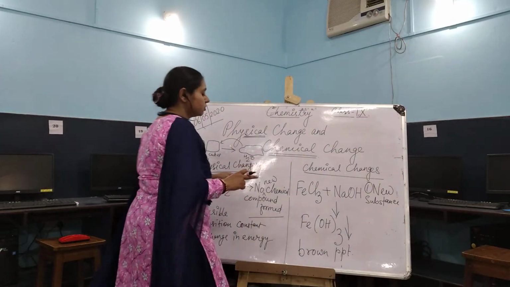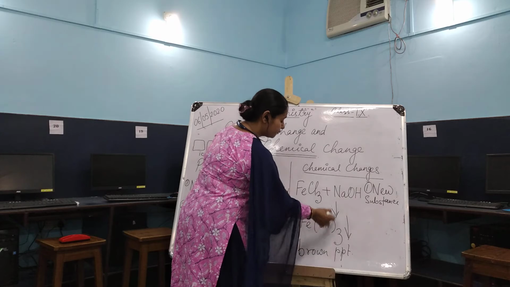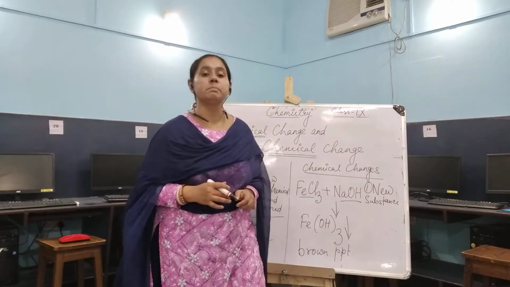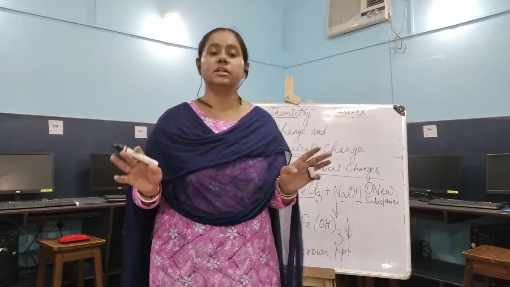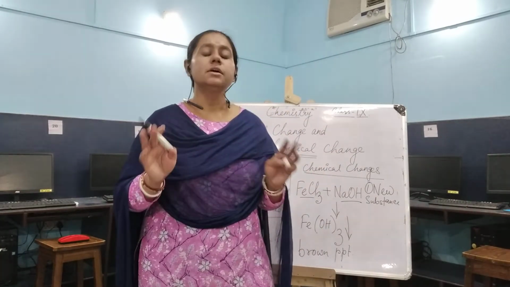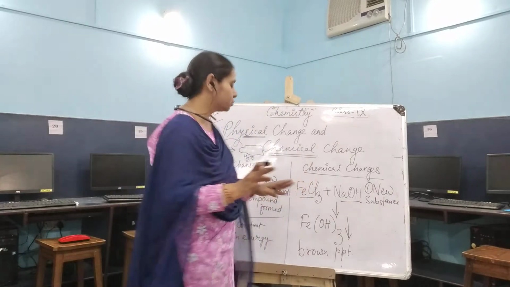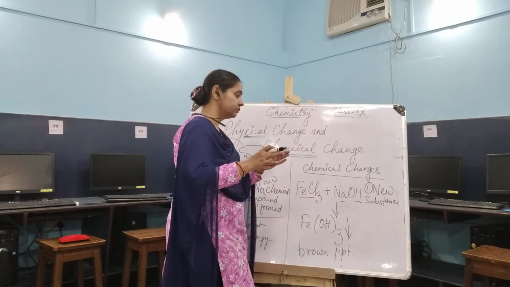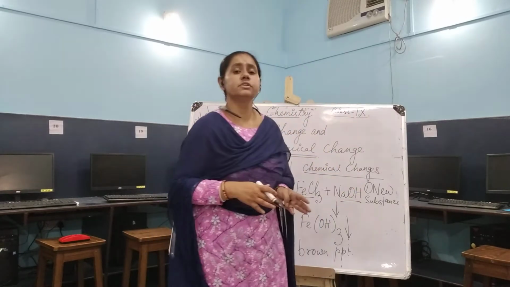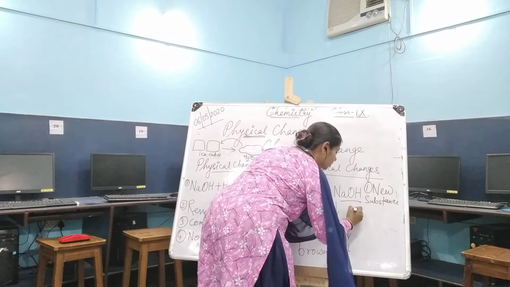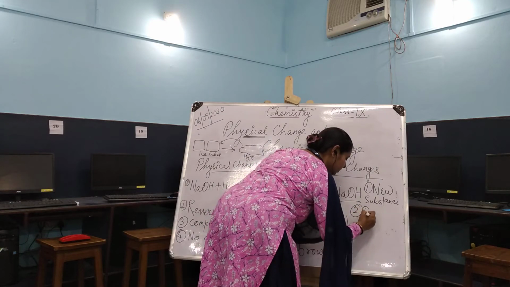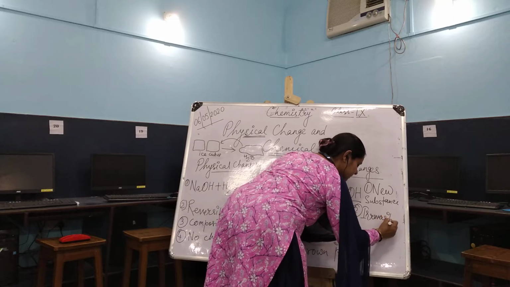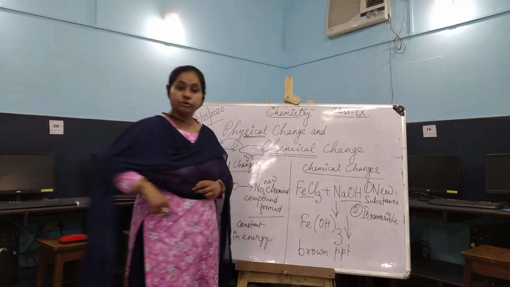From ferric hydroxide, I cannot get these two chemicals back again by any of the methods. So the reaction is irreversible in nature. Irreversible means it cannot be reversed back once again. So the second point is irreversible.